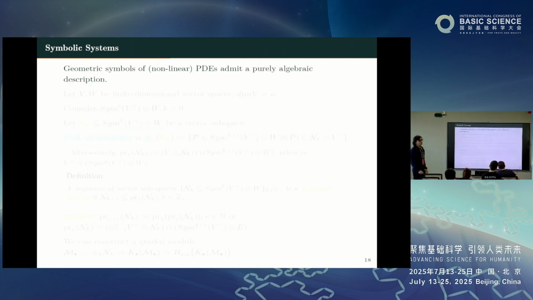Okay. In order to define this representability, I need to define this notion of regularity condition, something like Castelnuovo-Mumford regularity. For nonlinear PDEs, we need to look at geometric symbols.